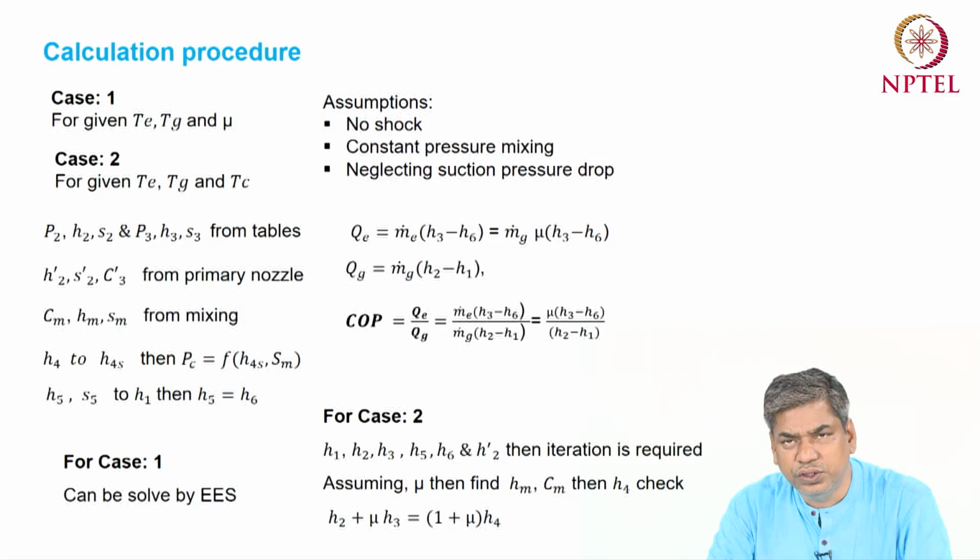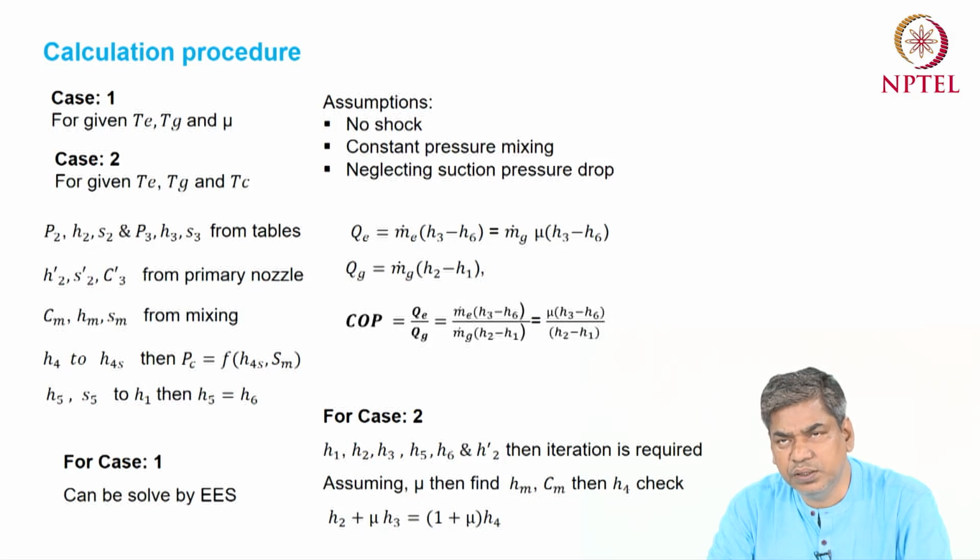And then we can also get the other properties. In case of the diffuser, we have to use the diffuser equations to get the conditions after the diffuser, and then for the expansion process, the constant enthalpy process, you have to use. So these are some of the governing equations.